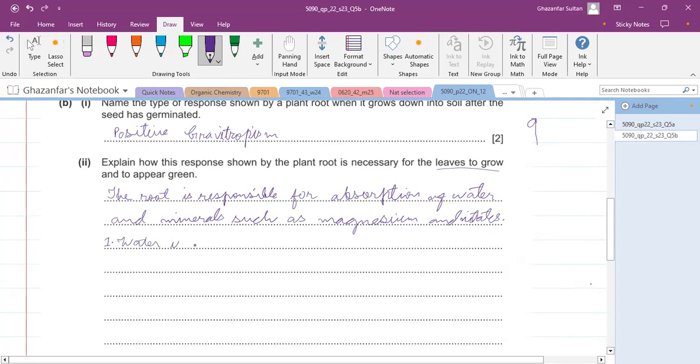Water is important in photosynthesis, as it provides hydrogen for synthesis of glucose.